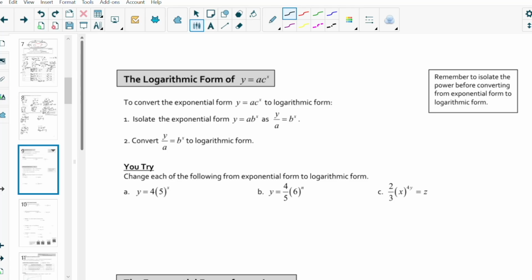To convert the exponential form y equals a times b to the x to logarithmic form, isolate the exponential form: y over a equals b to the x. It's super important that you isolate the exponential form. So you're writing the power by itself.